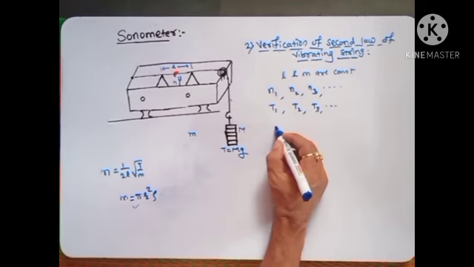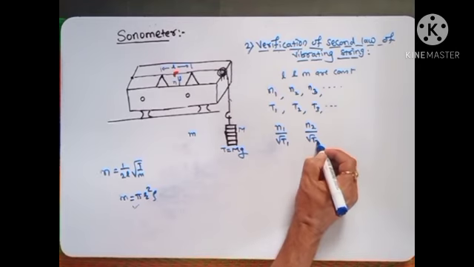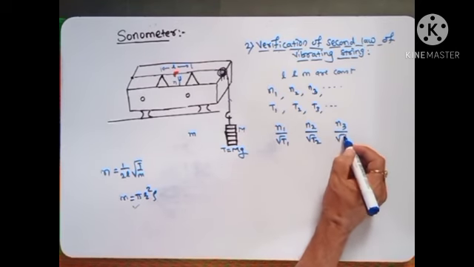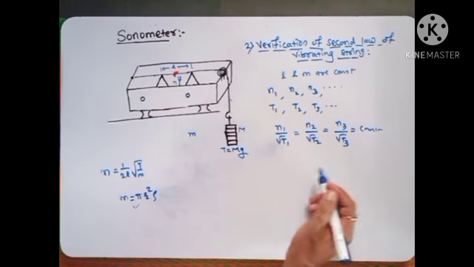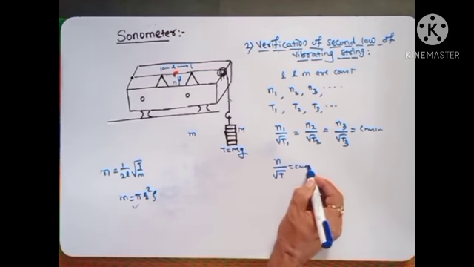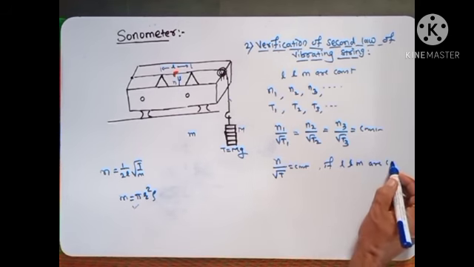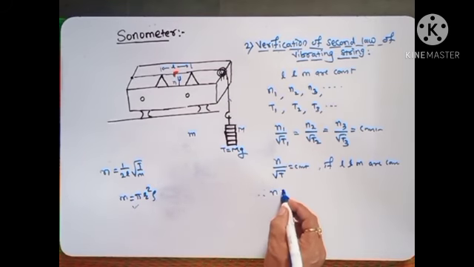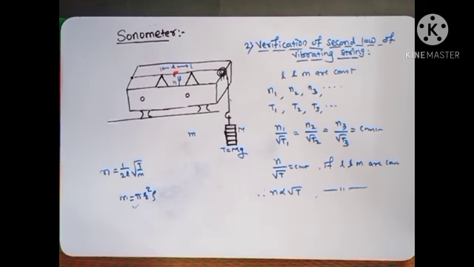Then it is observed that N1 upon root T1, N2 upon root T2, N3 upon root T3, these ratios come out to be constant, and therefore we write N upon root T equal to constant if L and m are constant, and therefore N proportional to root T if L and m are constant. In this way, second law can be verified.